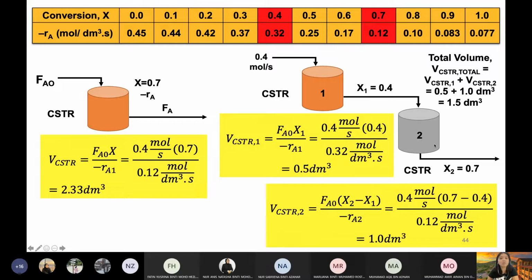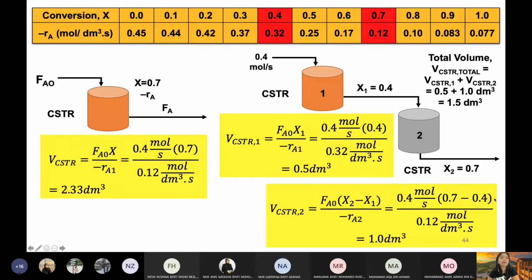Okay. What about the second reactor? Second reactor sekarang nak convert daripada berapa? 0.4, 40% to 70%. Okay, so the second reactor volume, CSTR2, equals FA0 times (X2 minus X1) per minus RA2. Okay, maknanya minus RA apabila your X2. Okay, so FA0 0.4, X2 0.7, X1 0.4.